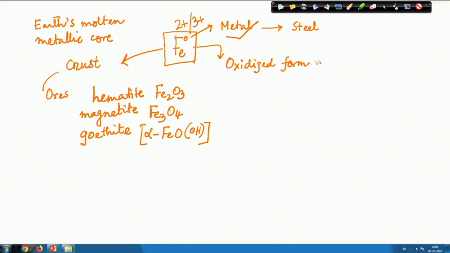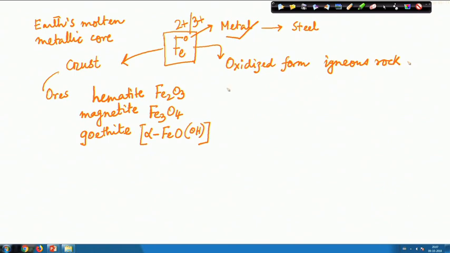This oxidized form is available in different rock materials, such as different igneous rocks, from which we get the corresponding iron. So, starting from our sea water to the different igneous rocks, this can be a very good starting material for the inorganic chemistry industry.